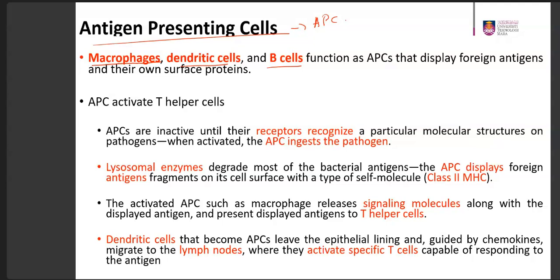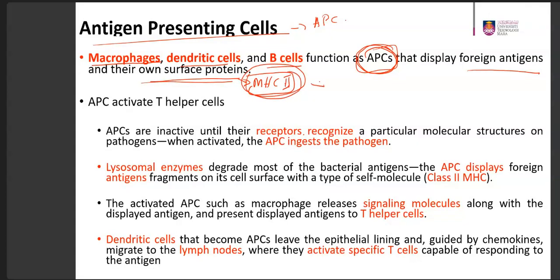These three cells function as APC that display foreign antigen and their own surface protein. Surface protein here is referring to MHC molecule, specifically class 2, because it involves APC. APC will present antigen fragment using MHC class 2. Present to whom? To the helper T cell, or T helper cell.